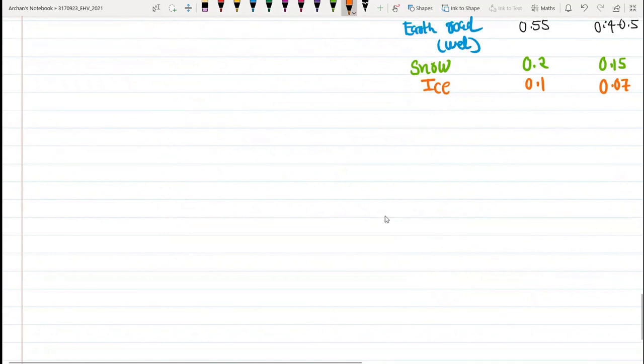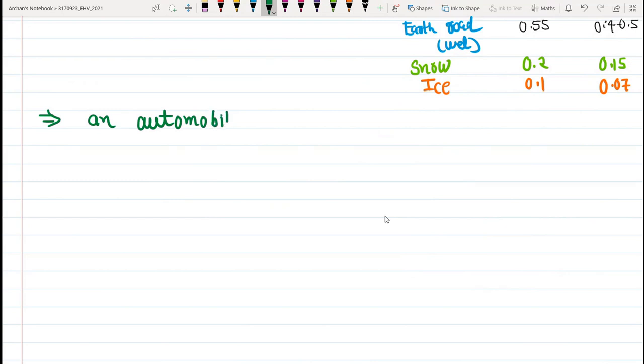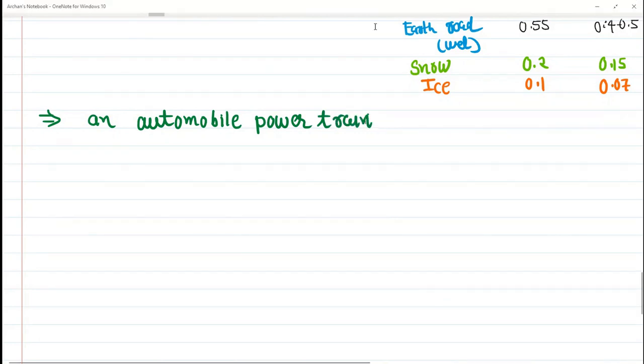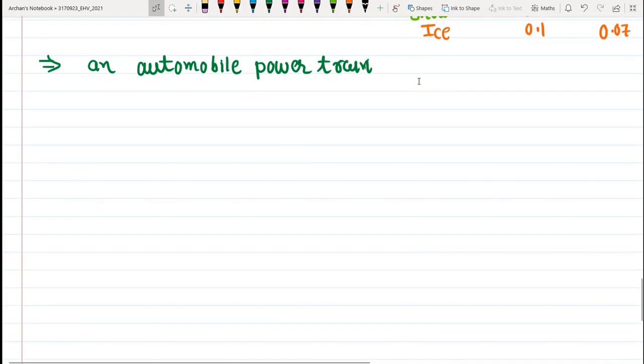Let me try to draw this automobile powertrain first. Okay, so we will have one engine, right? Okay, so say this is my engine first.